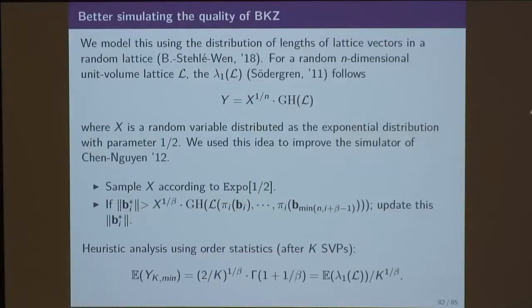So after k SVPs, the expected length of the shortest vector is given by the previous one, either the Gaussian heuristic or the expected value, divided by the number of runs to the power of 1 over beta. On the other hand, this analysis says that as the lattice dimension goes larger, this impact goes away.